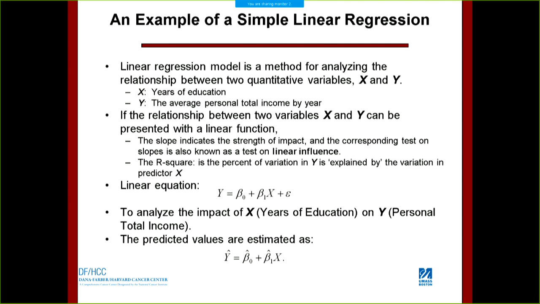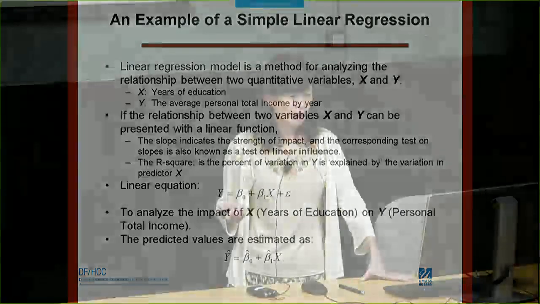I aggregate and preview the spreadsheet data by years of education to get the average personal total income by years of education, and then apply the linear regression model. The reason is that, as I mentioned, income data usually does not follow the normal distribution.